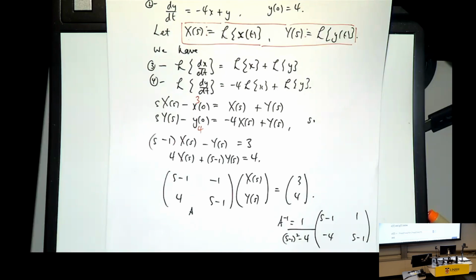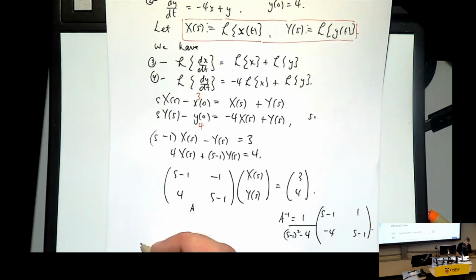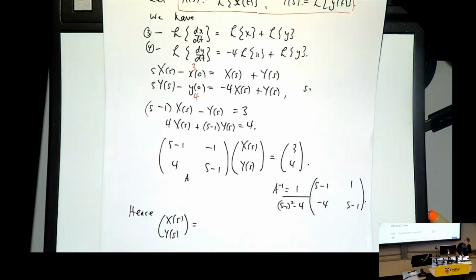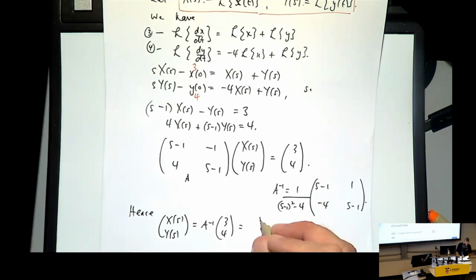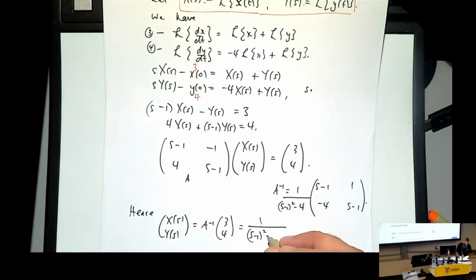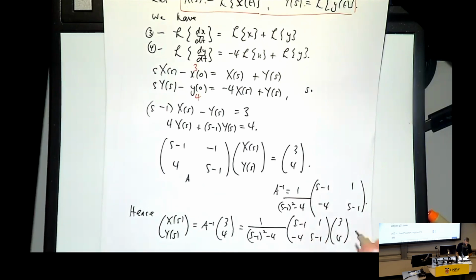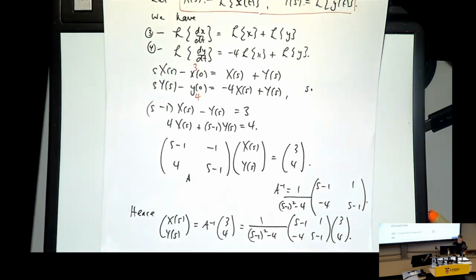Okay, so if I'm using these methods, I would just multiply both sides by the inverse matrix. What did I do wrong?